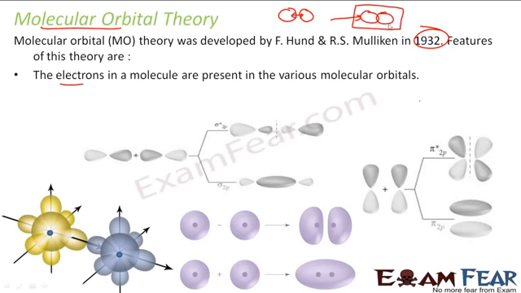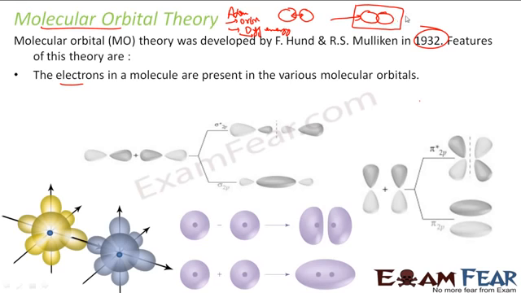The way an atom has orbitals with different energies, and we fill electrons in these orbitals based on energy, similarly molecular orbital theory views molecules as molecules, and molecules will have orbitals, called molecular orbitals, with different energies.